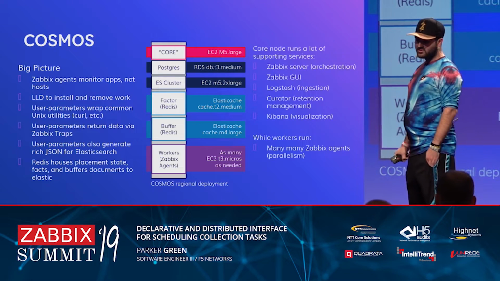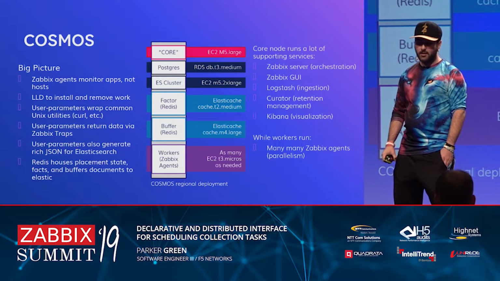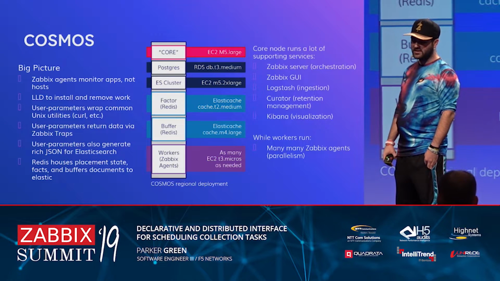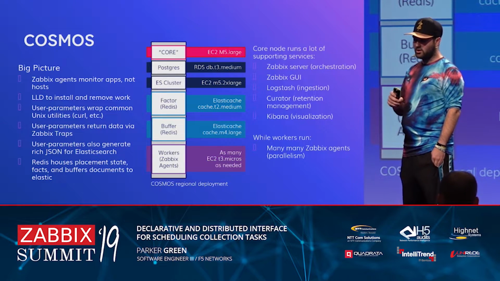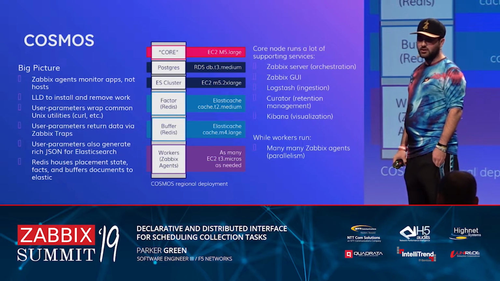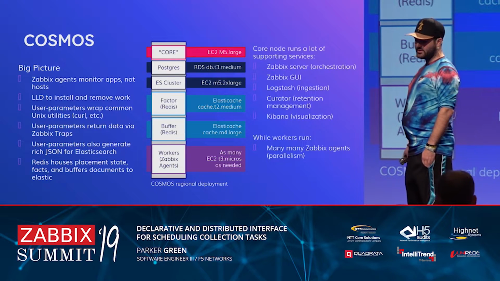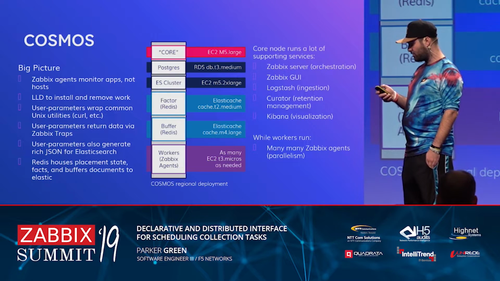We use LLD to install and remove work into the system. The user parameters wrap common Unix utilities like curl and dig and stuff of that nature. And then we send stuff back to Zabbix via traps. In parallel, we also generate rich JSON documents that go out to Elastic. And then Redis serves to hold placement state and also buffer documents.